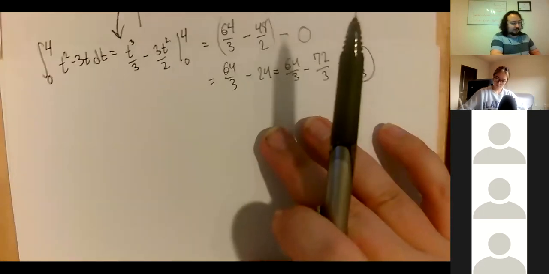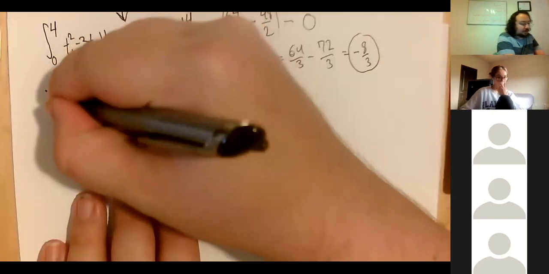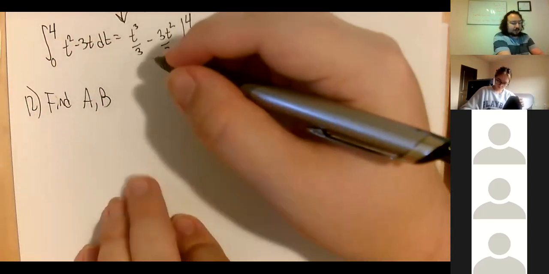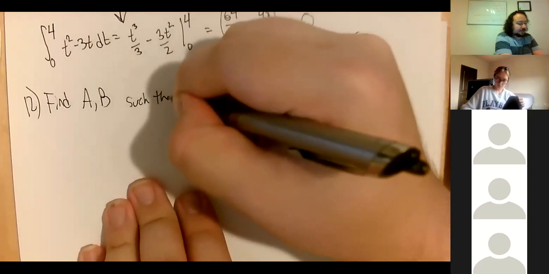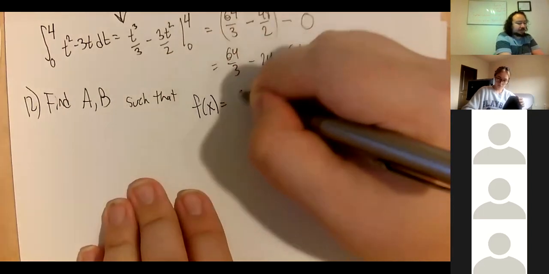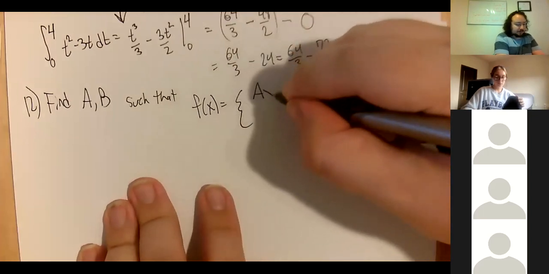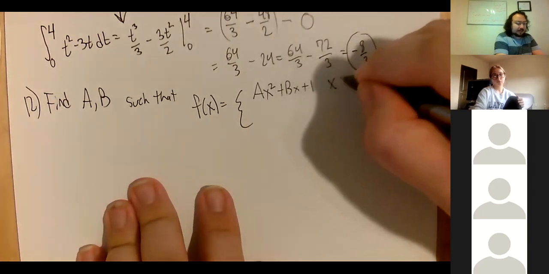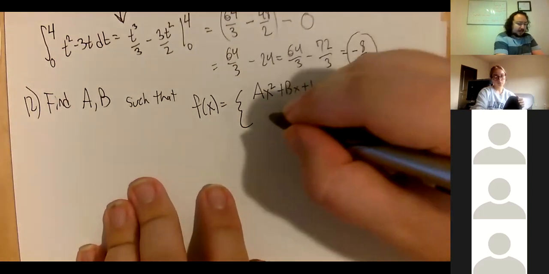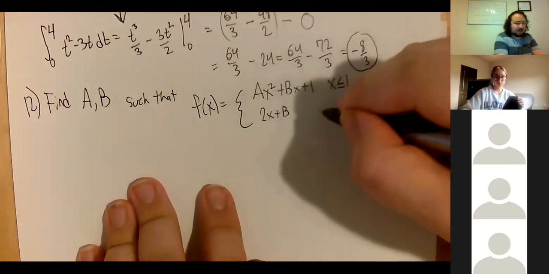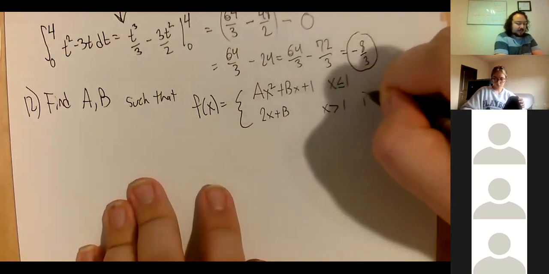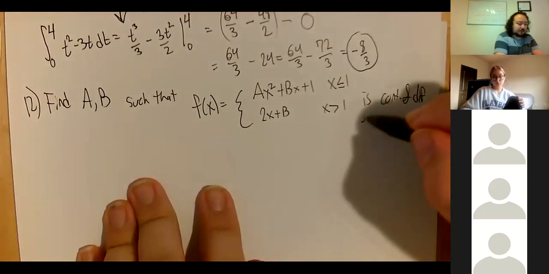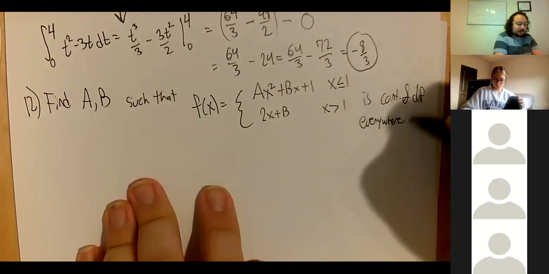For this one, our goal is to find a and b, which are constants, such that the function, which is ax squared plus bx plus 1 for x less than or equal to 1, and 2x plus b for x greater than 1, is continuous and differentiable everywhere.